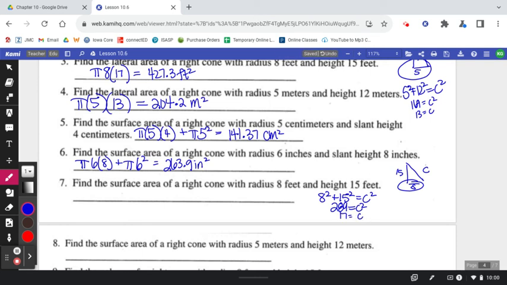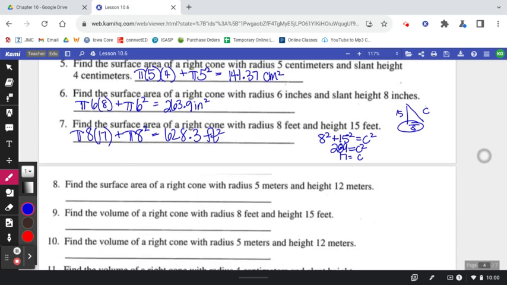So for the lateral area, pi radius slant height plus a circle, so pi radius squared. 628.3 feet squared.